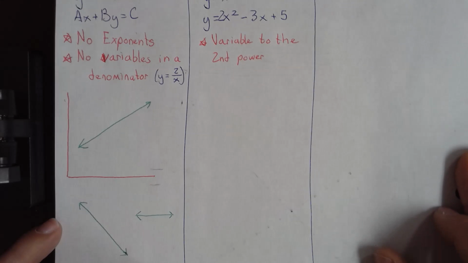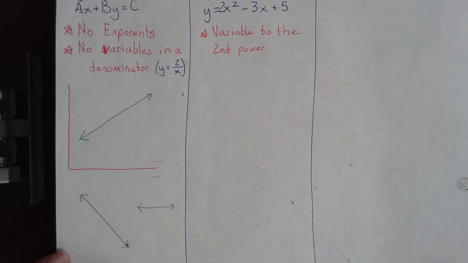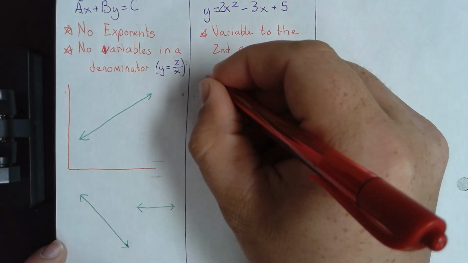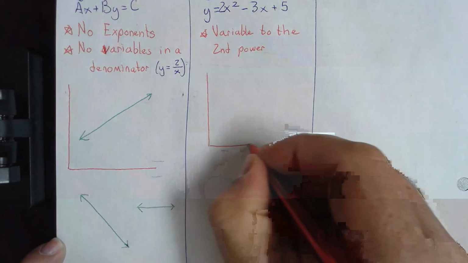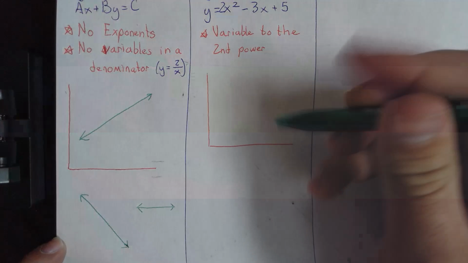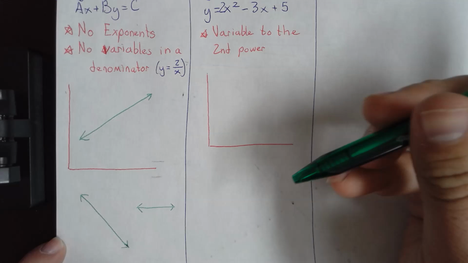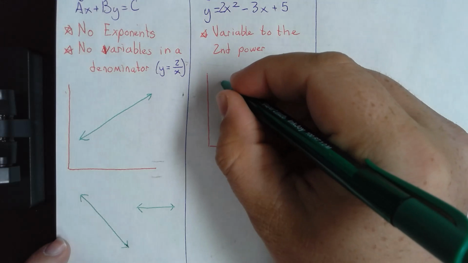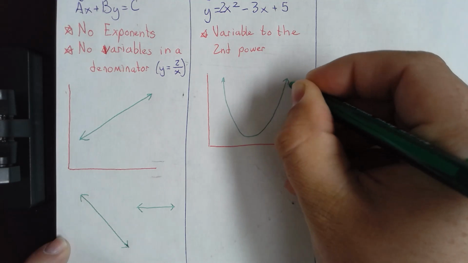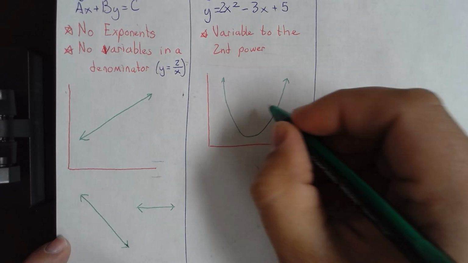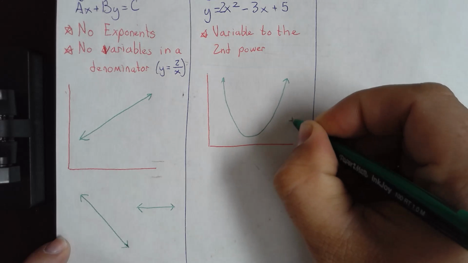So our graphs with these, depending on what part you are going to see, our graph should either look like a U. This would be a positive quadratic function.